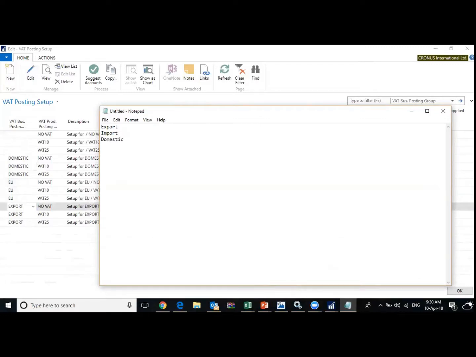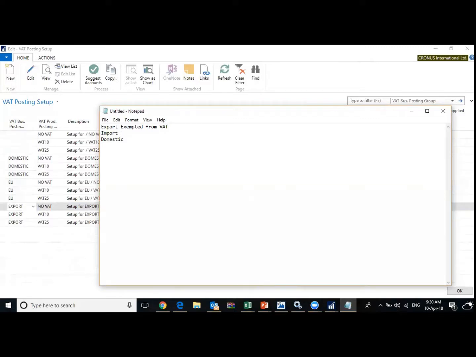So you should always understand that whatever you are exporting, you might think you have to pay VAT for that. No, that is actually exempted from the VAT. So this is exempted from VAT. And this is also specific to your country rules. I'm just telling you about Saudi Arabia.